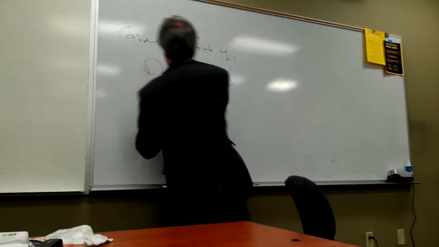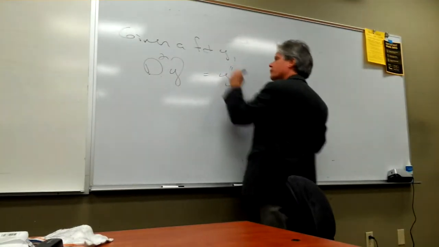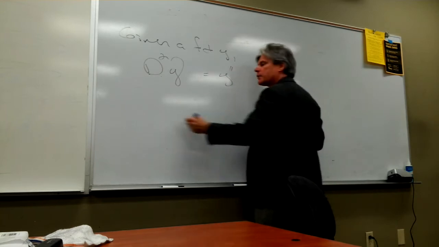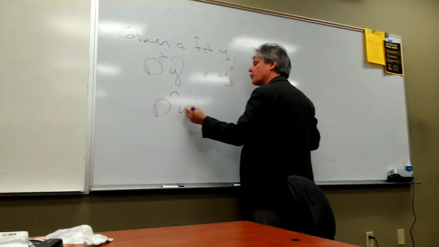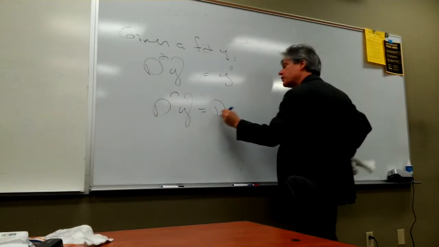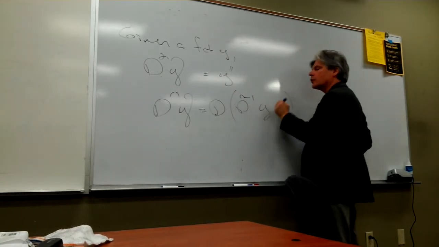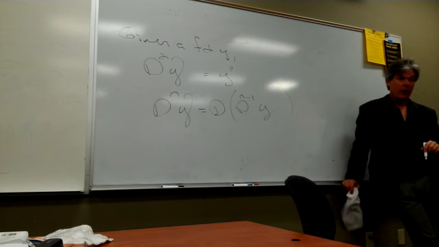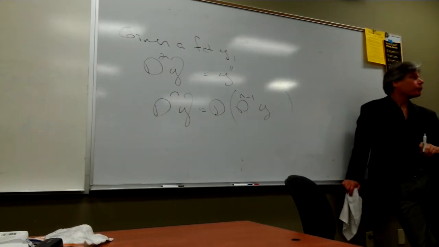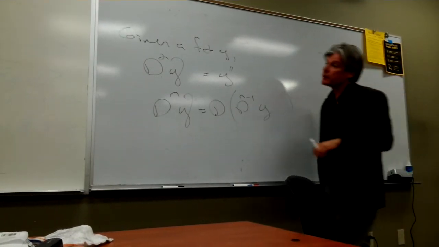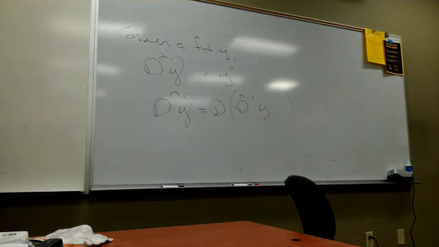However, if I were to differentiate twice, that's the action I take. As a matter of fact, to differentiate n times on y simply means I'm differentiating the n minus 1 derivative acting on y. So that's how I'm going to treat higher order derivatives. As a matter of fact, I suppose I can even rewrite this equation.